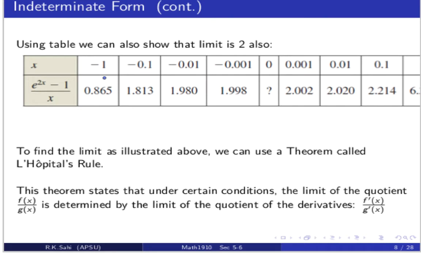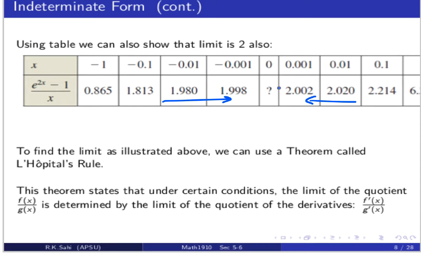But as I come closer to 0 from the left-hand side, I see the values are approaching 2. Similarly, when I come from the right-hand side, the values also approach 2. So we know that the limit is 2 by our graphical and numerical techniques.